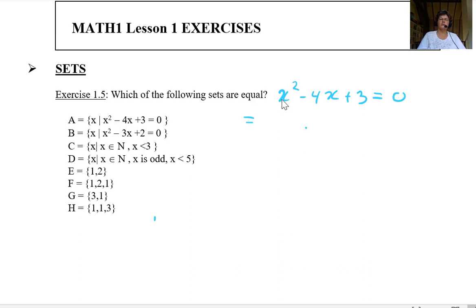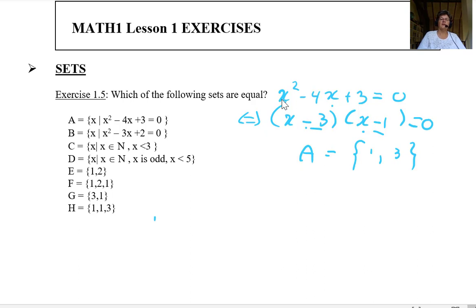So if we look back at high school, it would give us (x minus 3) times (x minus 1) being 0. And so x times x is x squared, minus 3x minus 1x will give us minus 4x, and minus 3 times minus 1 gives us plus 1. So the solution is that the set A contains the elements 1 and 3.